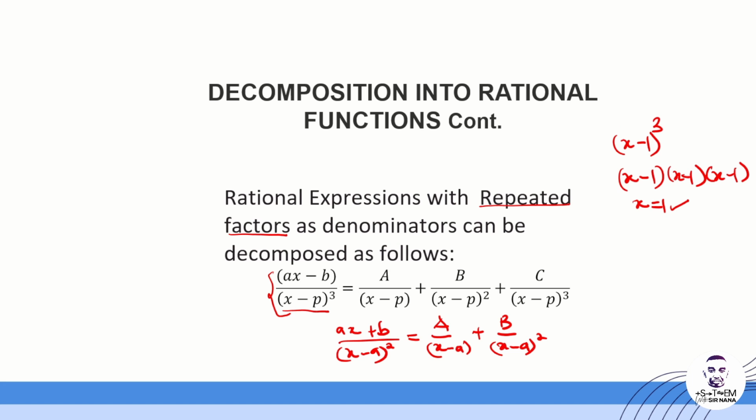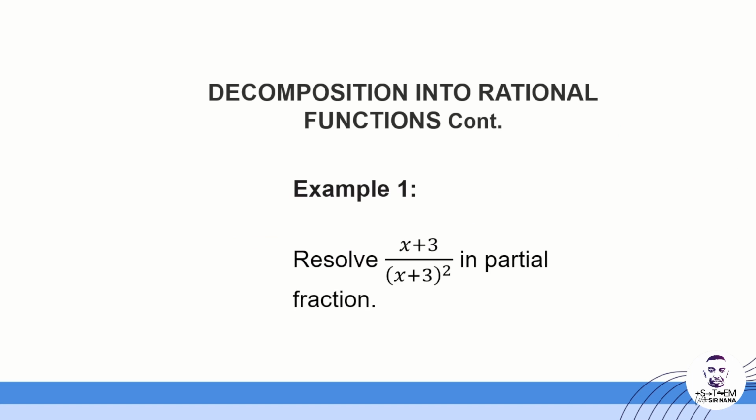So let's consider an example so that this looks clearer for us. The example is asking us to resolve x plus 3 all over x plus 3 all squared in partial fractions. So we want to go by the means of partial fractions to resolve this.